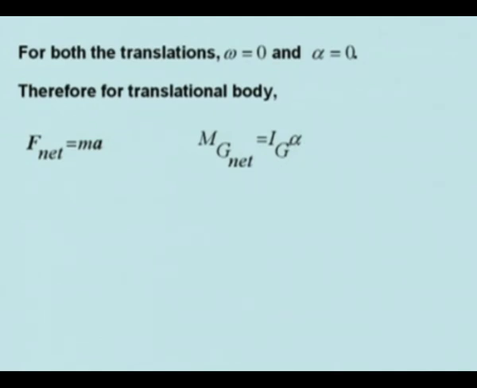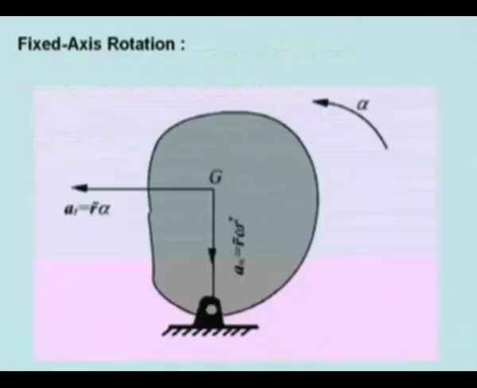Now alpha is 0, so therefore M_G net is 0. That means if you take moments about the mass center, M_G net will be equal to 0.